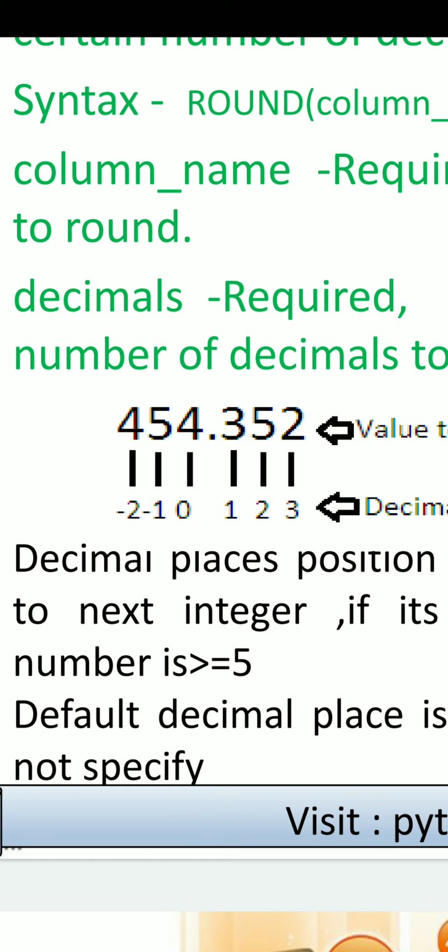Students, you must know these decimal places, otherwise you will not be able to find the proper rounding result. And on the right side, after the decimal point, the very next value is at decimal place 1, its next is at decimal place 2, then its next is at decimal place 3.